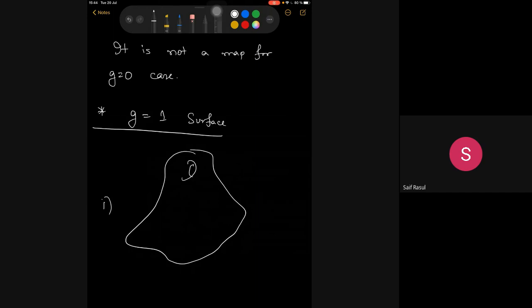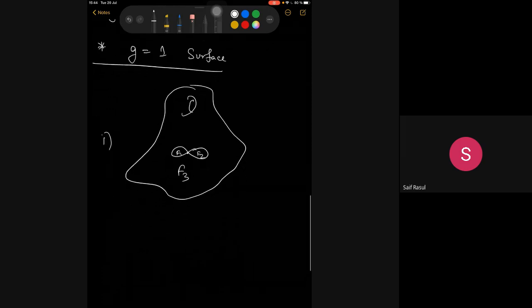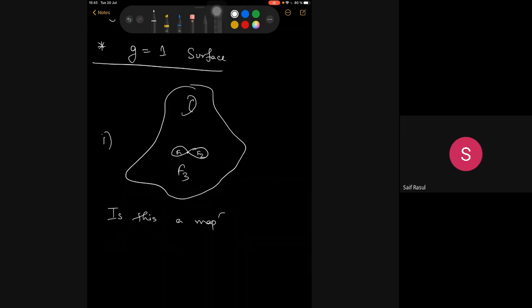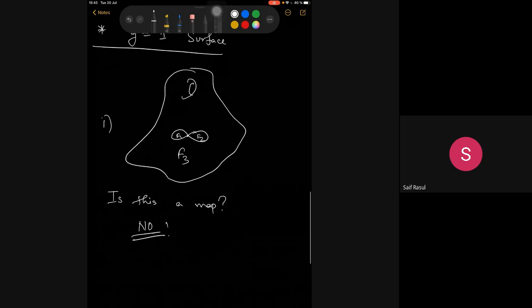So all of these are equivalent. So let's consider our figure 8 or this diagram. Is this a map for this? Nope. Why not? Because if you take F3, for example, F3 has a hole in it.